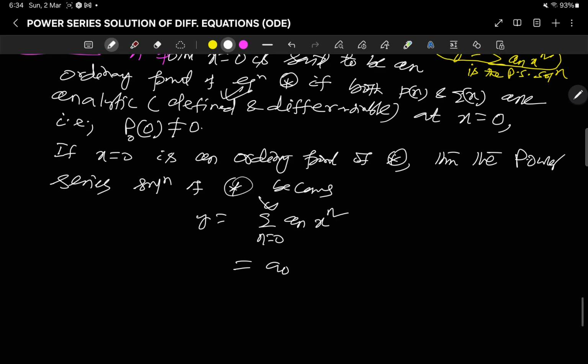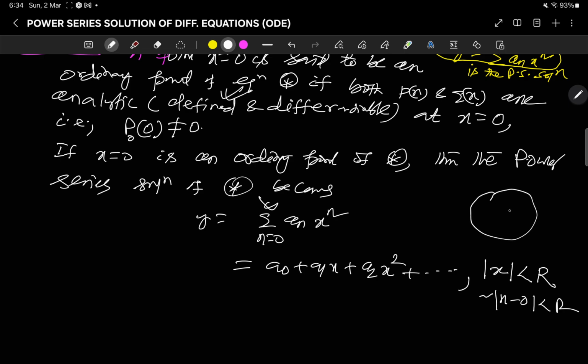So I can write it as a0 plus a1 x plus a2 x square and so on. Be sure that while I write this infinite series, I must write the domain, the region of convergence. So 0 is the center, obviously mod of x minus 0 is less than r. So what does it mean? We have a circle with center at 0 and radius of convergence r. This is a point of discussion for further analysis of convergence.